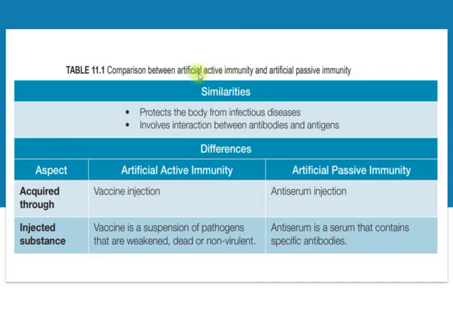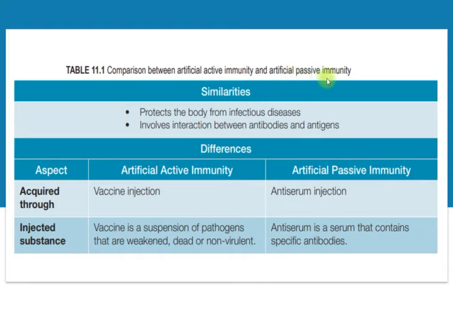Artificial passive immunity refers to the anti-serum injection. Make sure you can differentiate between these two types of immunity.